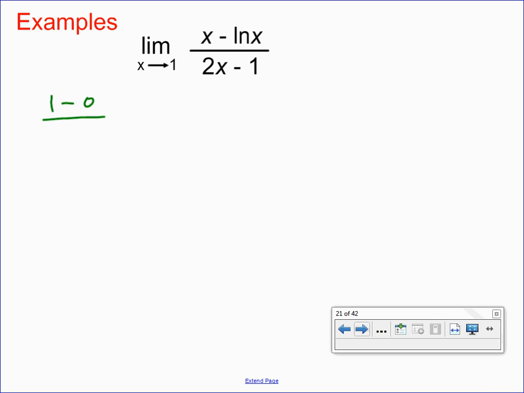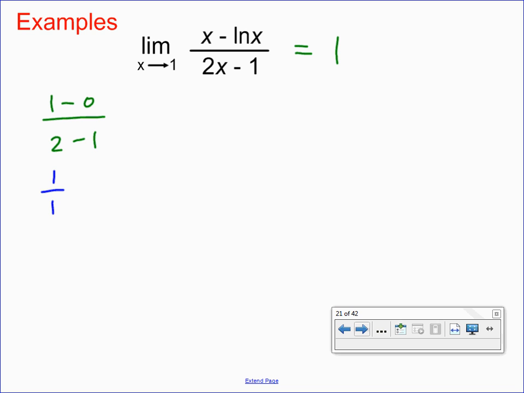All over 2 times 1 is 2, minus 1. So I'm getting 1 minus 0 is 1 over 2 minus 1 is 1. Is this an indeterminate form? No, right? Can I determine what the value of this limit is? Yes, it equals 1 over 1. In fact, 1 is in the domain of my original expression, so I can evaluate this through direct substitution.